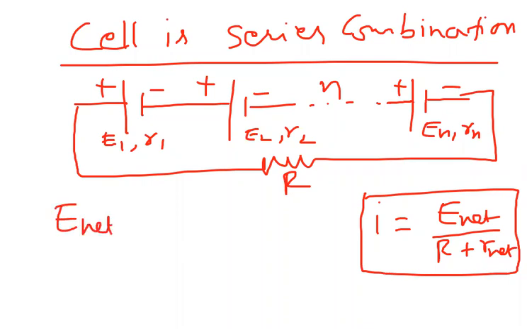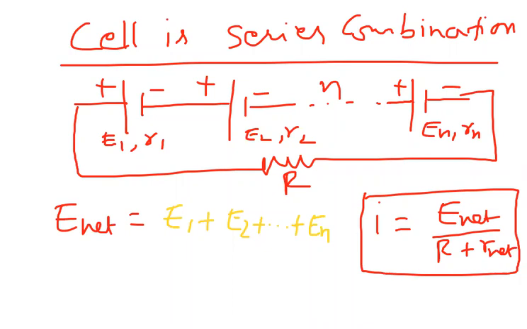For cells in series, the net EMF is E1 plus E2 plus, and so on up to En. All are not identical, we can write like that.